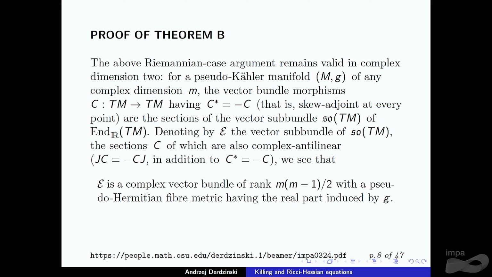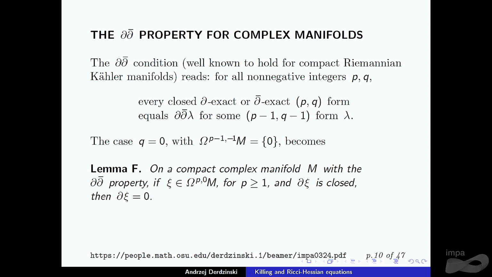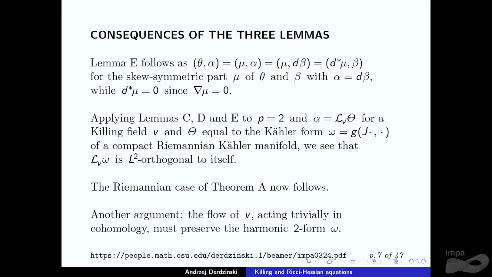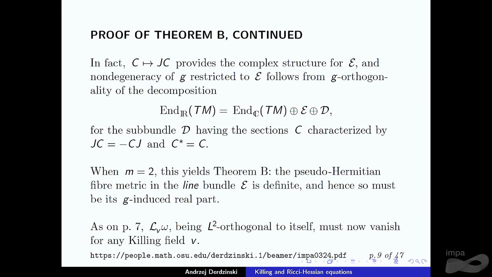Because what happens is, if you take the Lie derivative of the complex structure tensor with respect to a Killing field, L_V J, that is equal to the commutator of J and the covariant derivative of V.